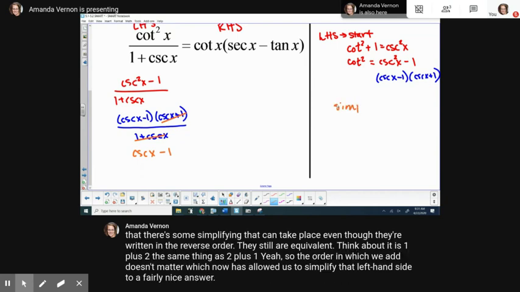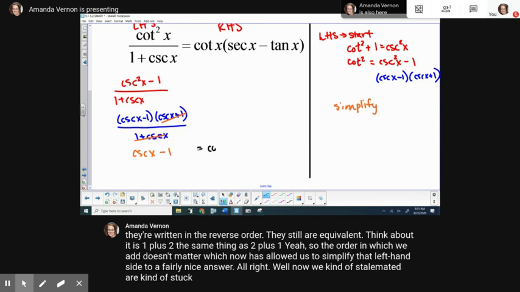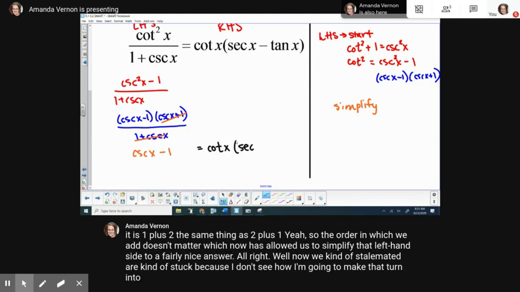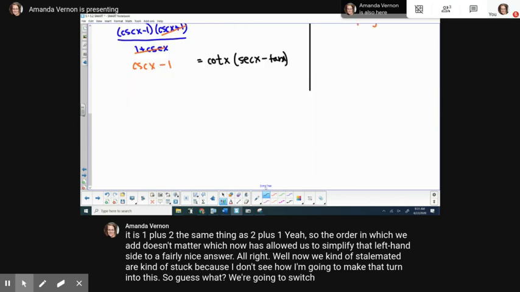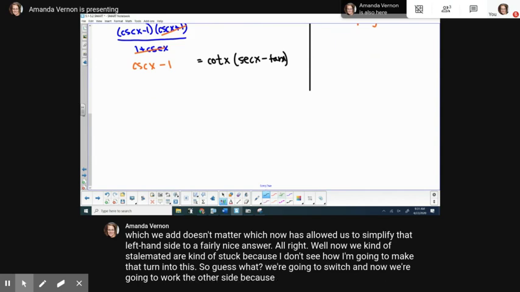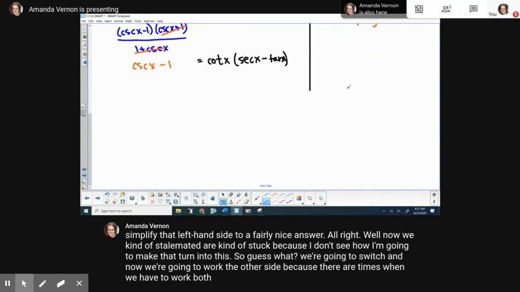All right, well, now we're kind of stalemated. We're kind of stuck because I don't see how I'm going to make that turn into this. So guess what? We're going to switch and now we're going to work the other side because there are times when we have to work both sides of the problem.